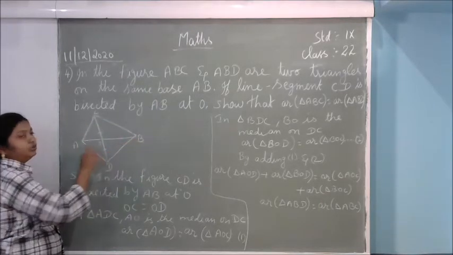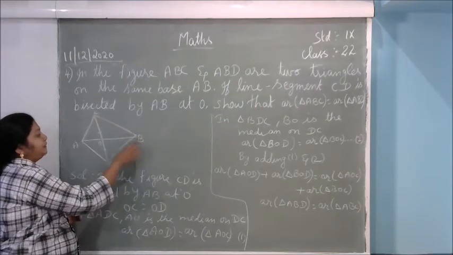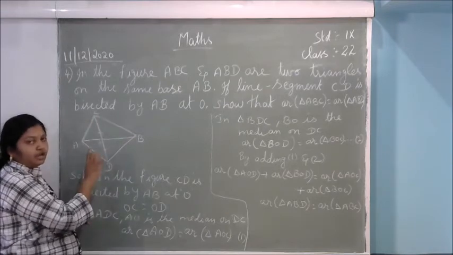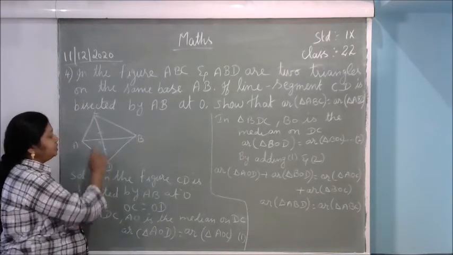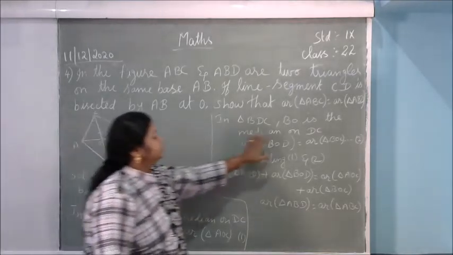In this, BO is the median. That means area of CBO and area of BDO are equal. That is your second equation.